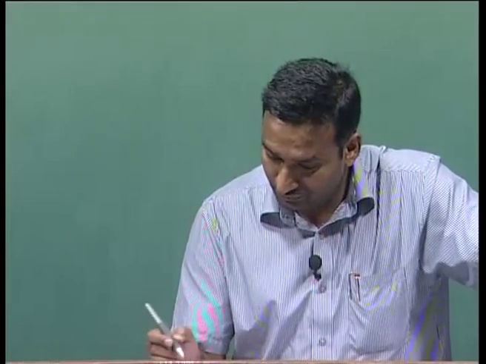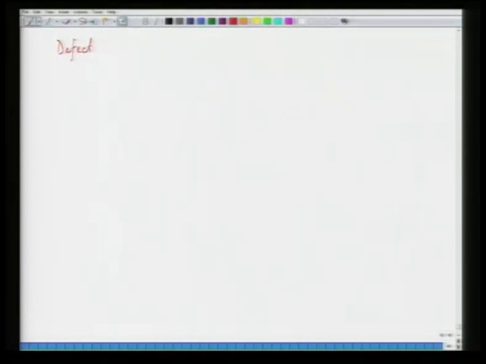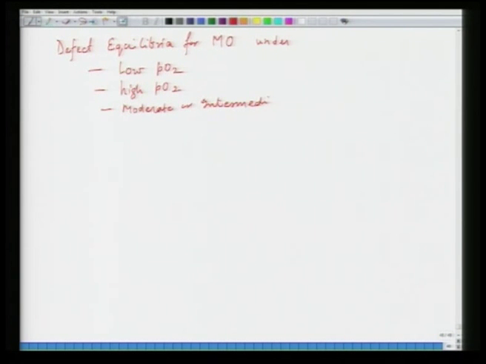So, we will consider defect equilibria for an oxide MO under: number 1, low PO2; number 2, high PO2; number 3, moderate or intermediate PO2, which is typically in most cases atmospheric pressure.